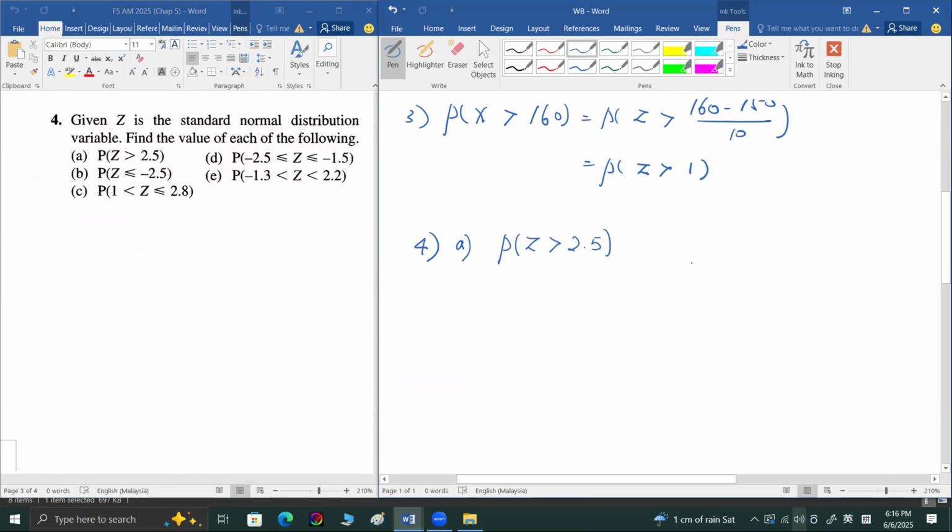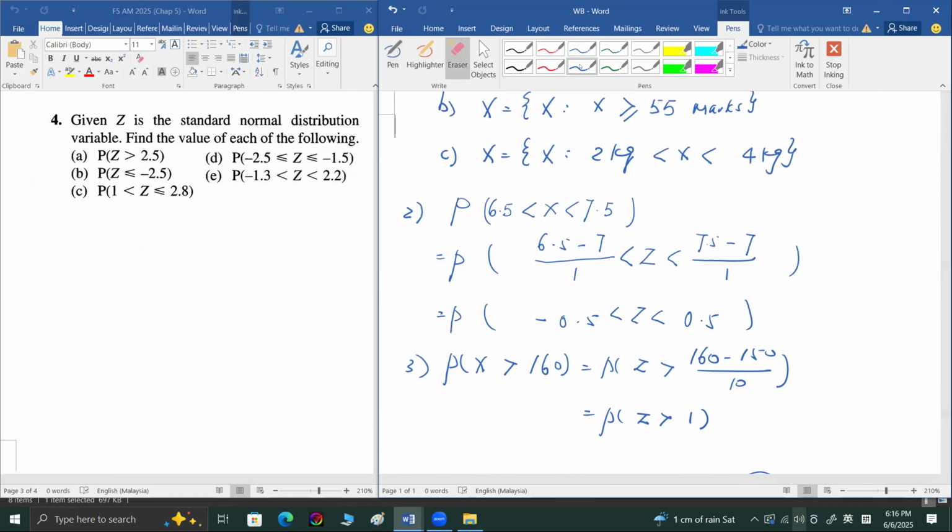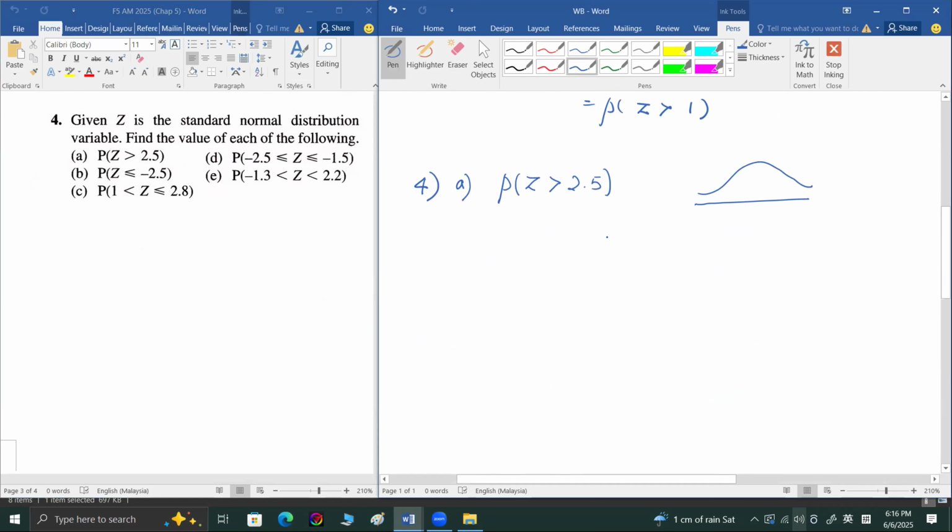And if you're asked to sketch, or even if not asked, you learn how to sketch the bell. Half for the bell. And 2.5 is here. Roughly 0, 1, 2, 3, 4, negative 1, negative 2, 3, 4, and so on. So we sketch like this, roughly, positive.